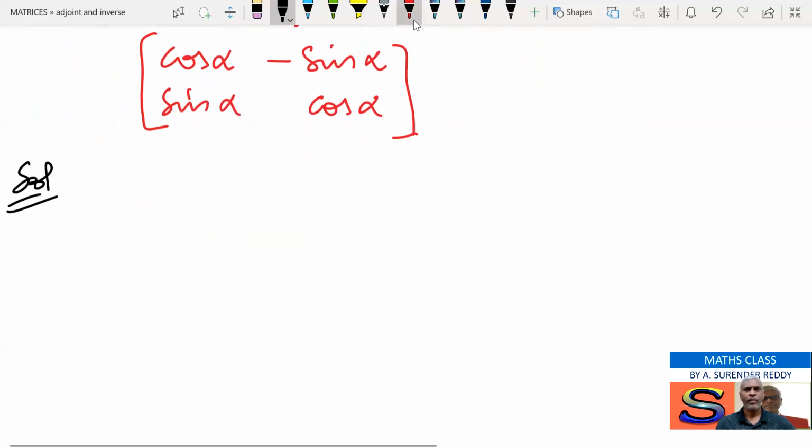We know how to find the adjoint of a 2 by 2 matrix.